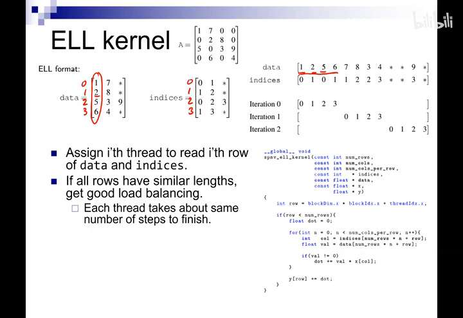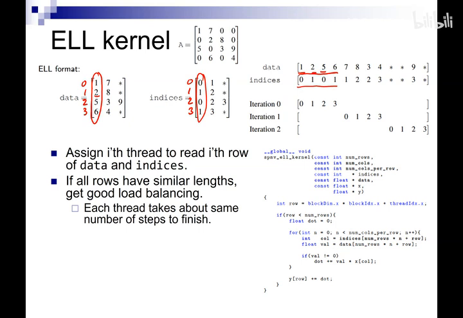And the same thing for the indices. In the first iteration, the threads are going to look at these indices, the 0, 1, 0, 1, and these are going to be coalesced like that because they're consecutive in the indices array.